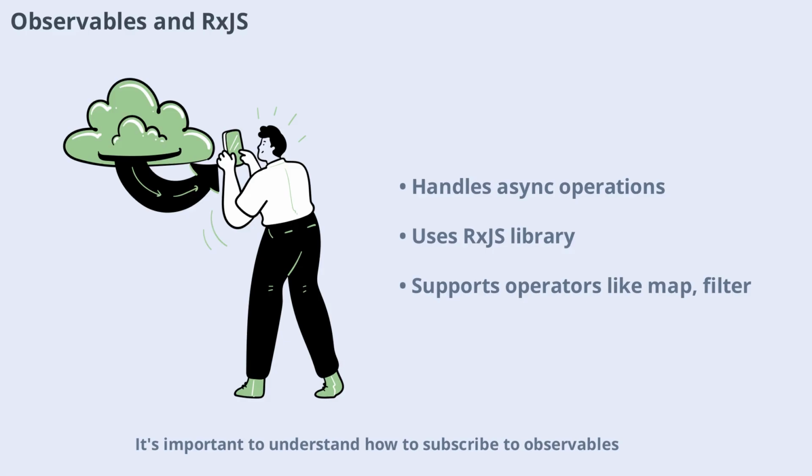It's important to understand how to subscribe to observables, use common operators, and manage subscriptions to avoid memory leaks. Interviewers may ask you to explain or implement observable patterns in Angular.